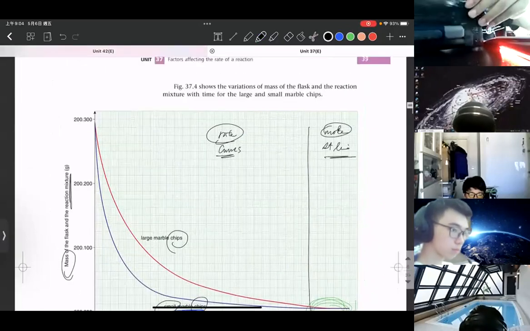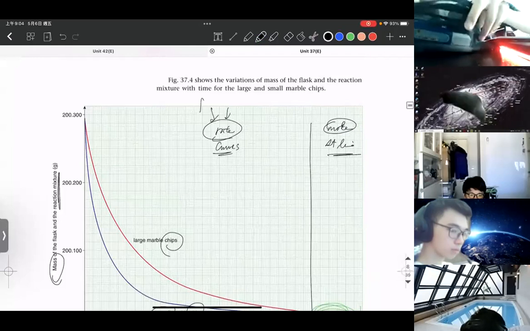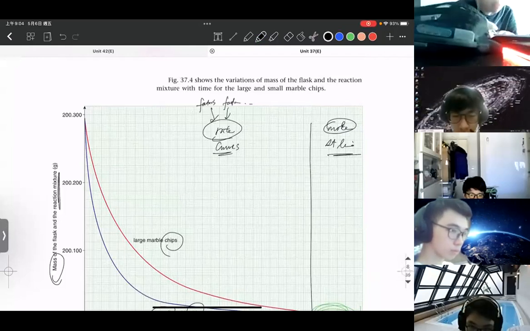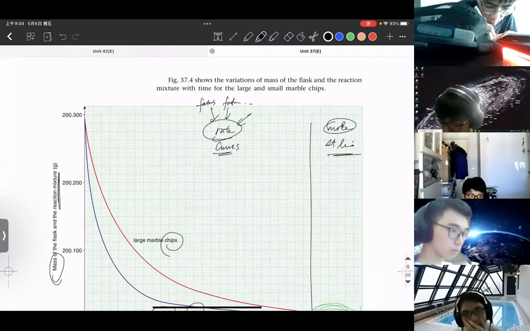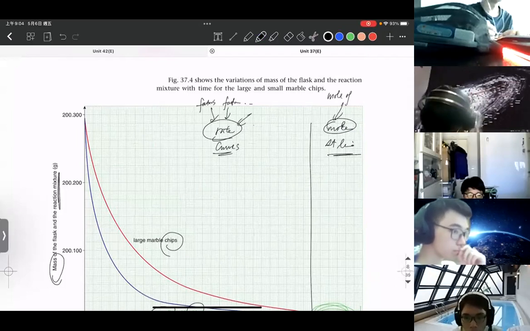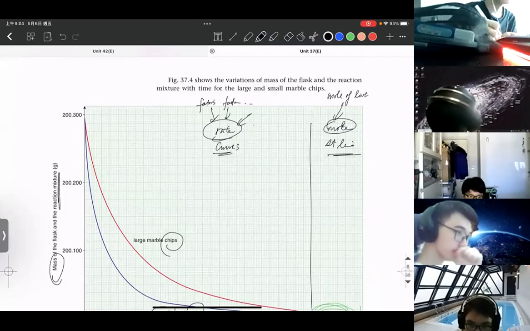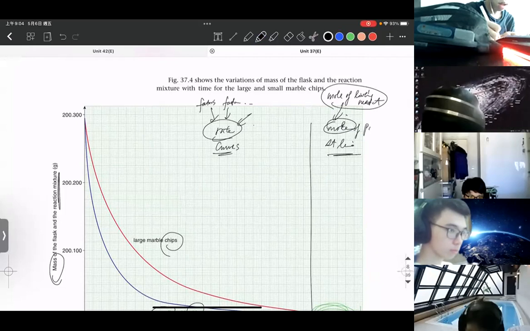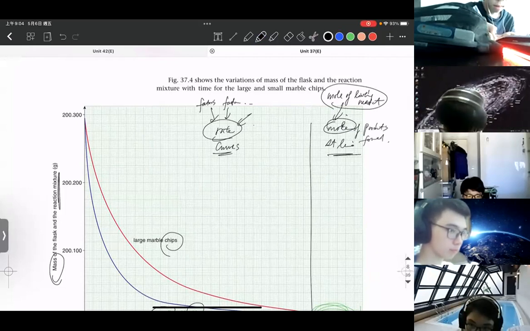If you want to talk about rate, you think of the factors affecting the rate of reaction. If you want to talk about moles of product formed, you think of the number of moles of limiting reactant, and this will affect the number of moles of product formed. Do you still remember that one?